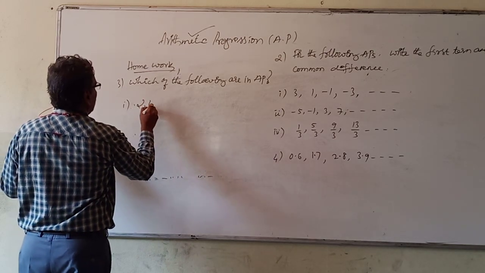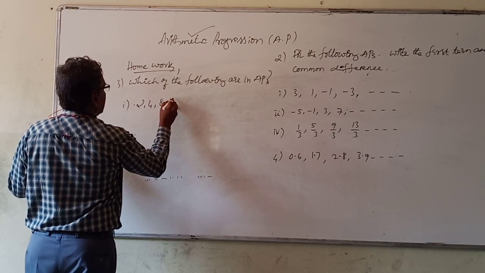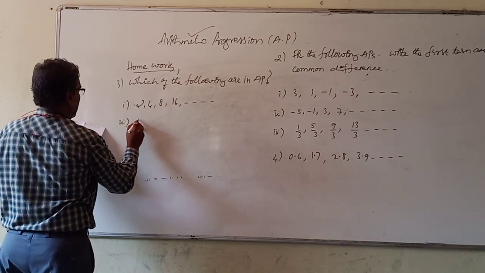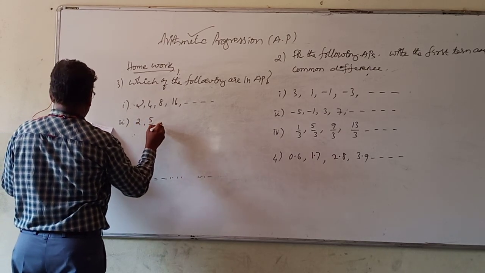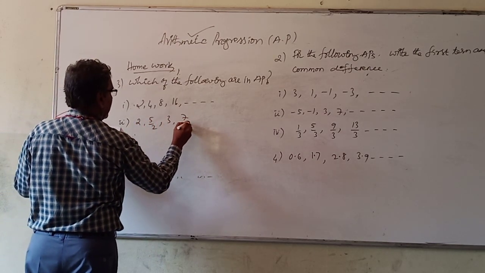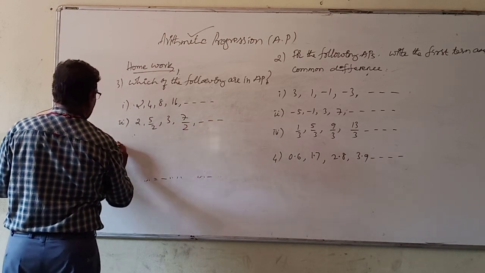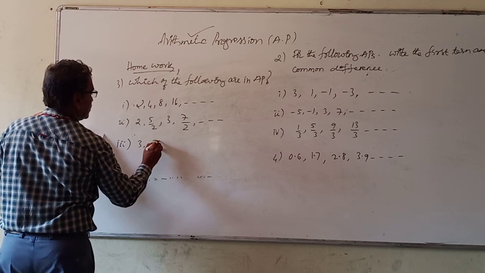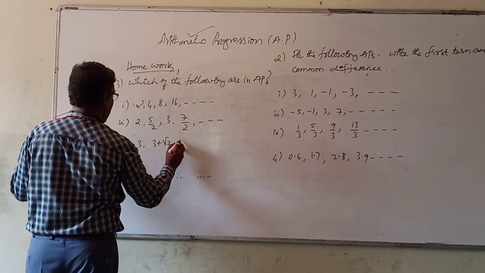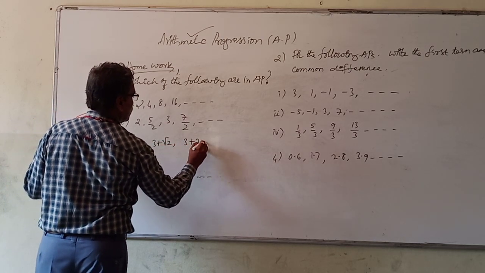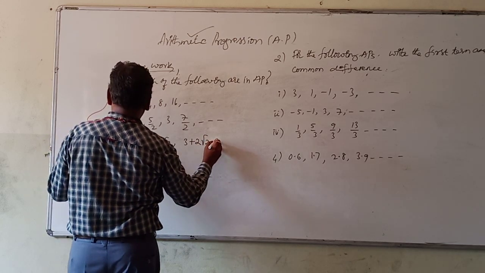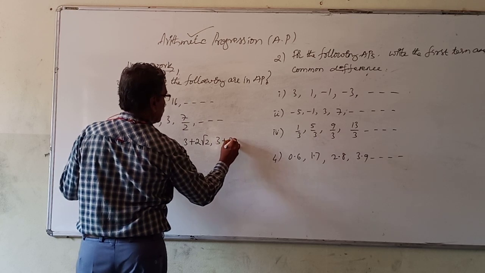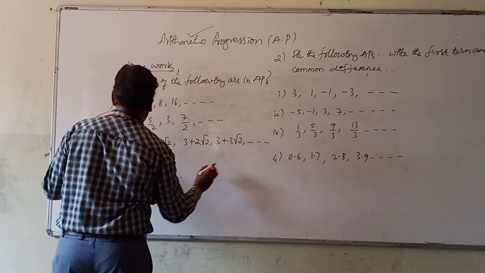First example: 2, 4, 8, 16. Second example: 2, 5 by 2, 3, 7 by 2. And third example: 3, 3 plus root 2, 3 plus 2 root 2, 3 plus 3 root 2, and so on.